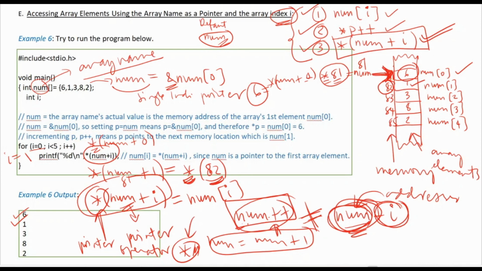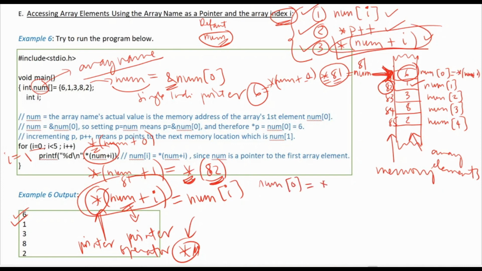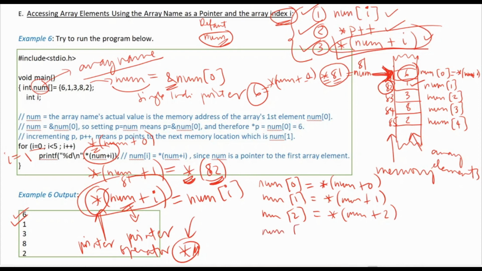So if we put labels here to these elements, in terms of the third expression, num0 is equal to asterisk num plus 0, num1 is equal to asterisk num plus 1, num2 is equal to asterisk num plus 2, num3 is equal to asterisk num plus 3, and the last element, num4, is equal to asterisk num plus 4.